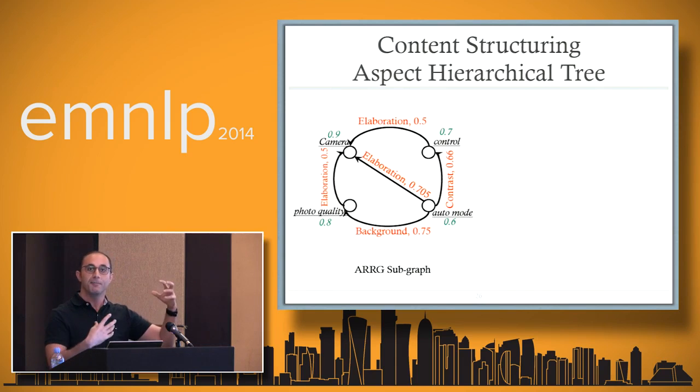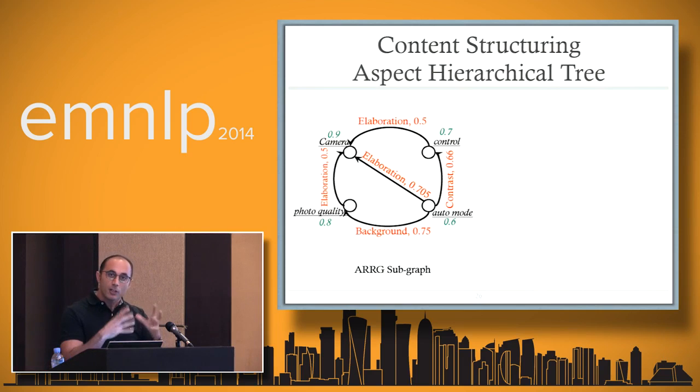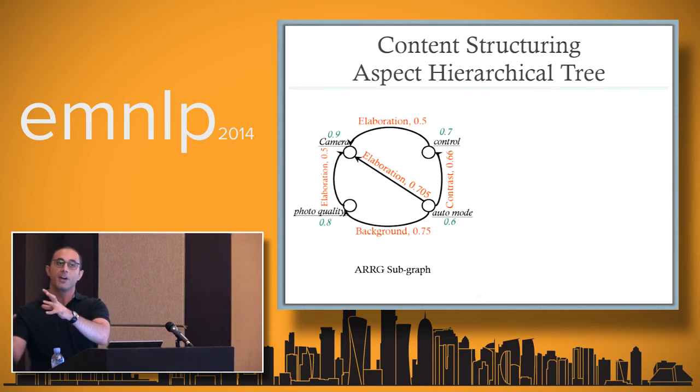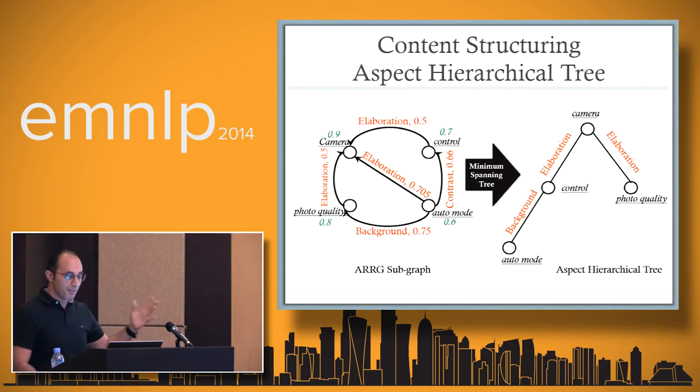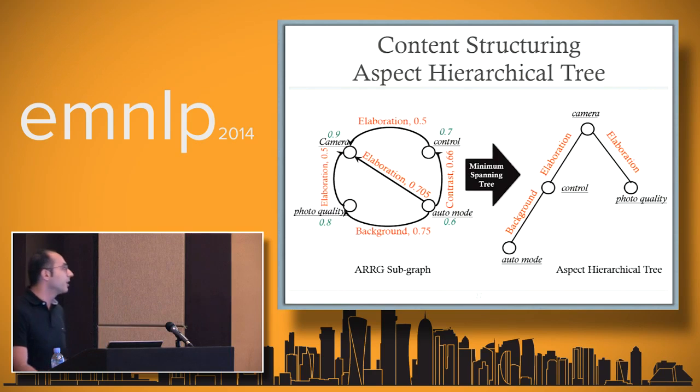So we want to know which aspect is the root, which aspect is the child, which aspect is more general, which aspect is more specific. We want to know this because this information can be used in our generation framework. So we run the minimum spanning tree, and with the highest weighted aspect as a root, we generate the aspect hierarchical tree.